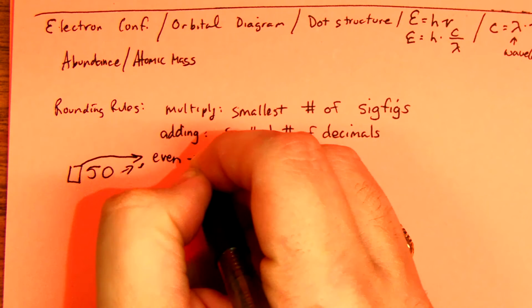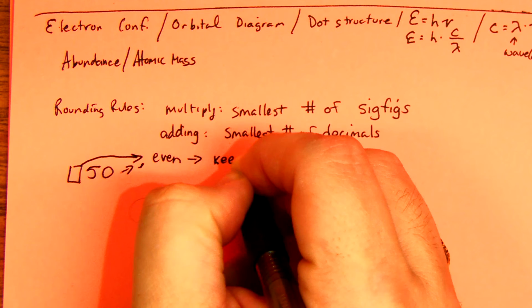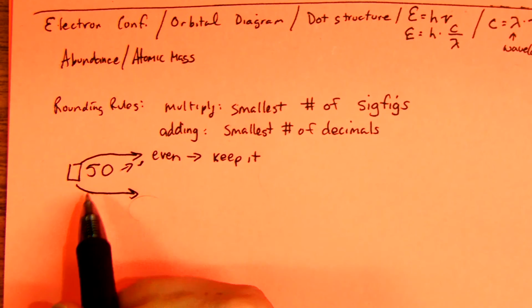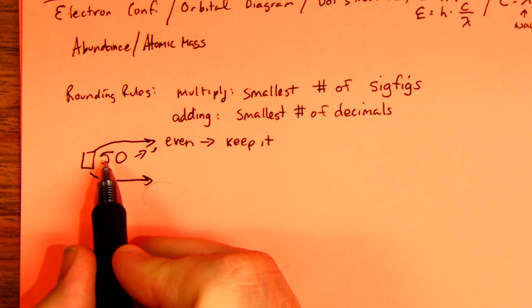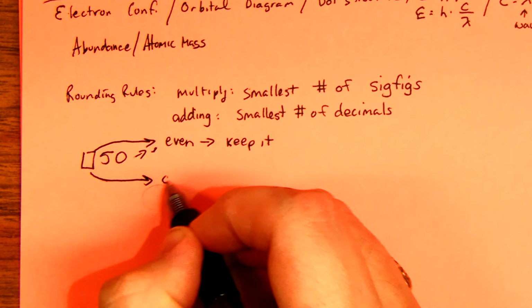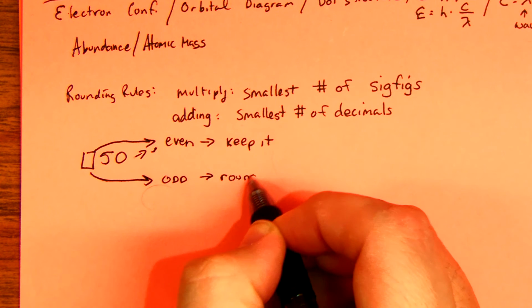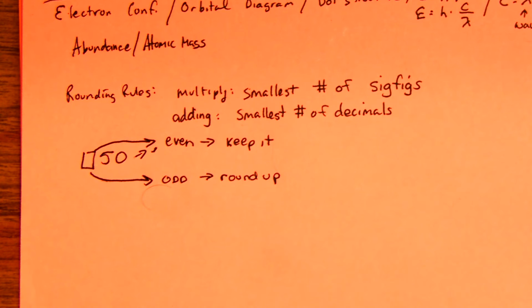If we're rounding to this number and it ends in 50, if it's even, keep it. If it's odd, what do we do? Round up. And I'll be honest, I looked, I couldn't find a reason why. So we're just going with it. And chances are, you probably won't see it. Just because it's weird, like I said, it's weird.